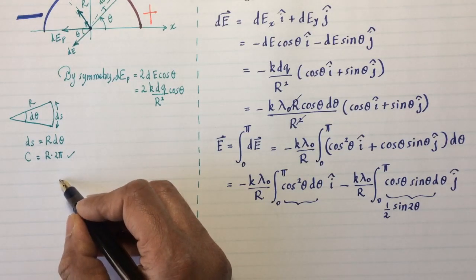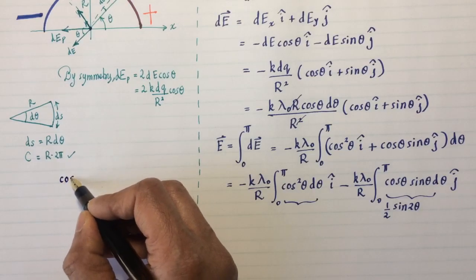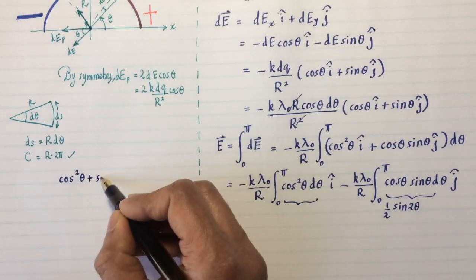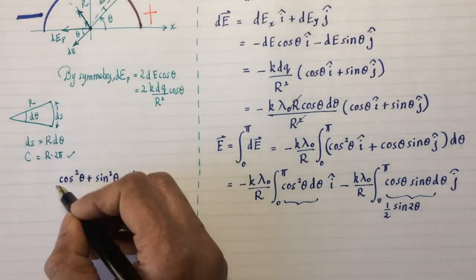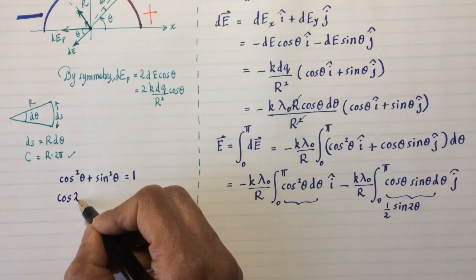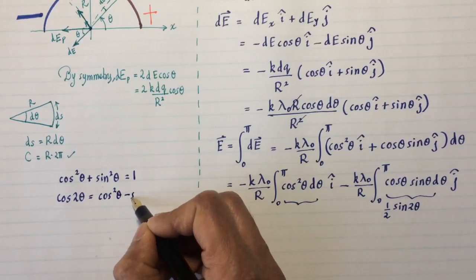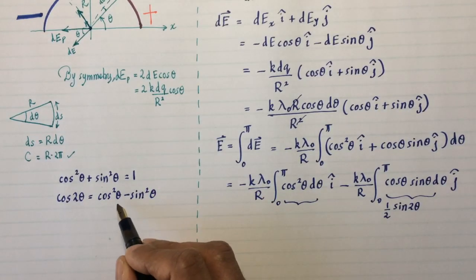If you've forgotten them, and I myself don't remember these things, at least remember one identity, and that is cosine squared theta plus sine squared theta equals 1, along with the identity for cosine 2 theta. Cosine 2 theta is cosine squared theta minus sine squared theta. Now if you have this, you can see how you can get cosine squared theta alone.